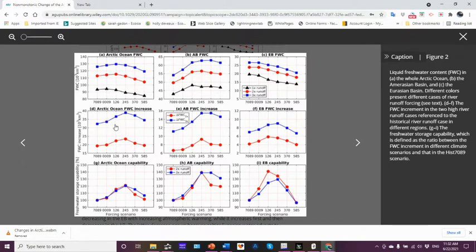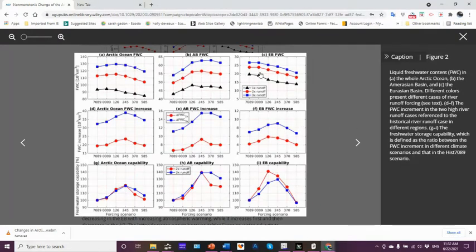Then they look at the freshwater increase, again, in thousands of cubic kilometers. And we see basically the same pattern, except a little bit of an increase here and then a decrease here. So what do they have here? D2F, that's this middle row here, the freshwater increment in the 2 high river runoff cases reference.